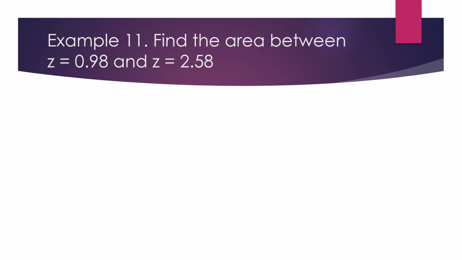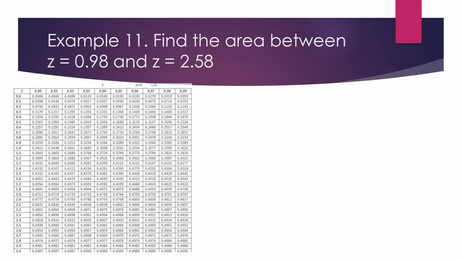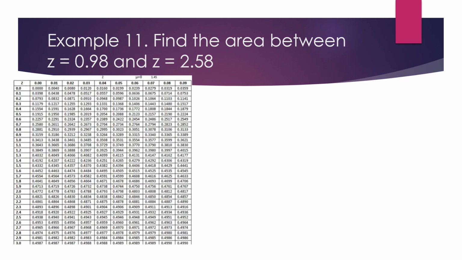Example number 11. Find the area between z equals 0.98 and z equals 2.58. This time, although it is between two values of z, they have the same sign.